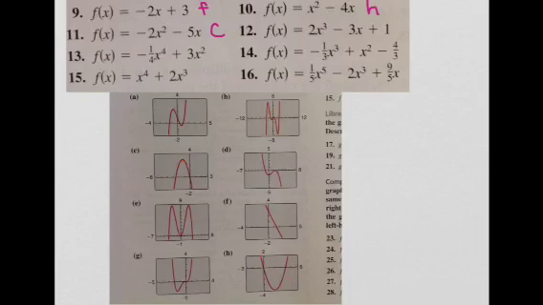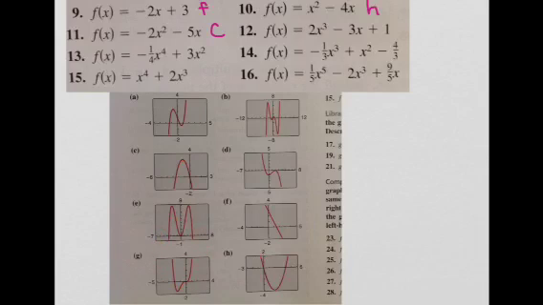Notice that letter E, the left goes down and the right goes down. And for letter G, the left goes up and the right goes up. So these two, E and G, are your even degree polynomials. So 13 and 15 are going to be paired up with these two.